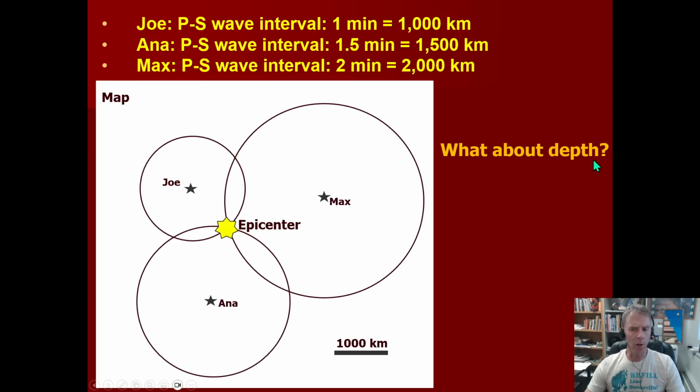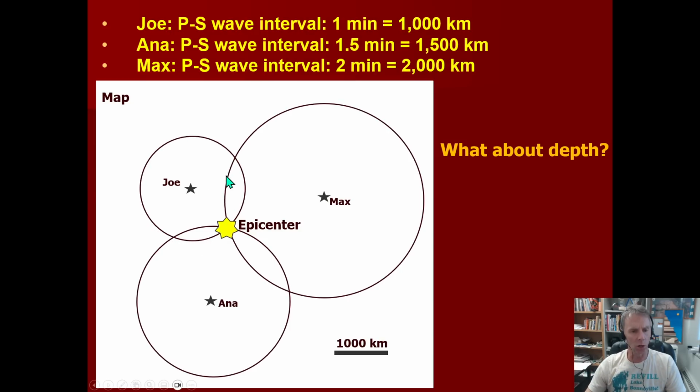But we actually do know the depth, because instead of thinking of these as circles, this is where you have to use three-dimensional thought. Don't consider it as a circle around Joe. Think of it as a sphere, or in this case, really a half sphere or a hemisphere, because above Joe up into the sky, of course, earthquakes don't happen in the sky. They're below the Earth's surface. So it's really a half circle, or think of a bowl, like a cereal bowl, if that helps.